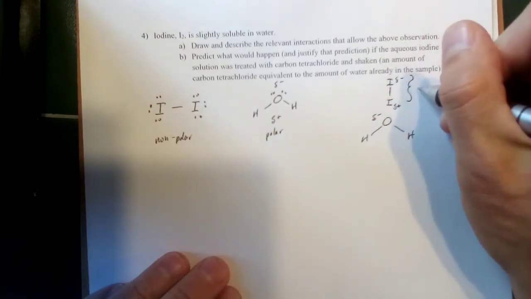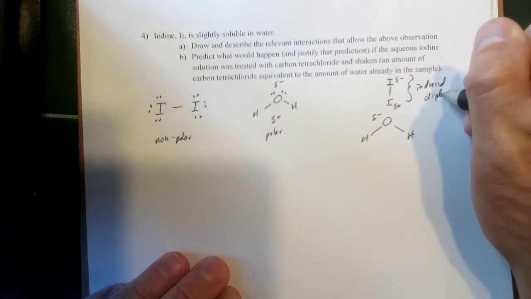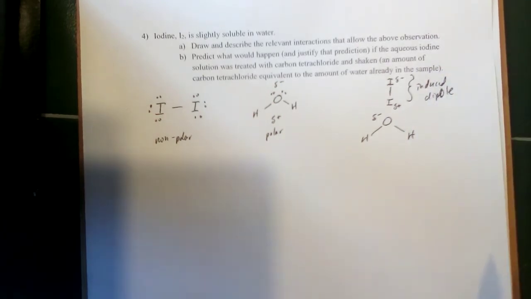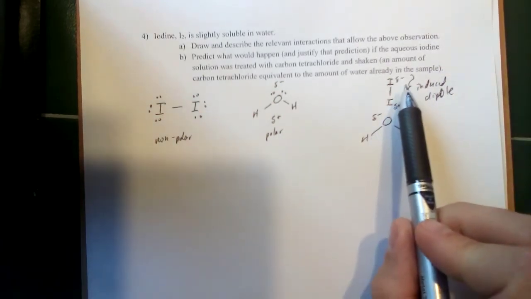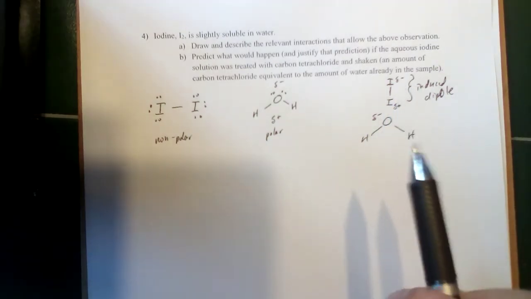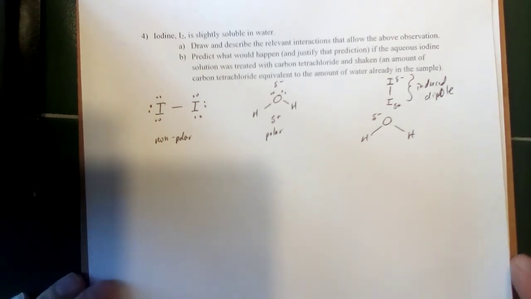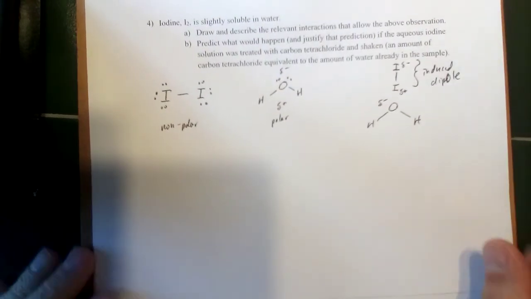So that is an induced dipole. Now there's a little bit of a dipole to go along with the polar water molecule. This is why the iodine can dissolve in the water. So we can dissolve a little bit of iodine by inducing a dipole in the sample.